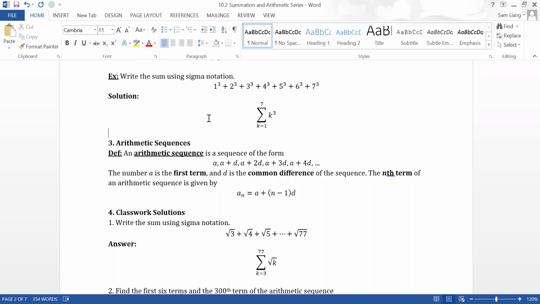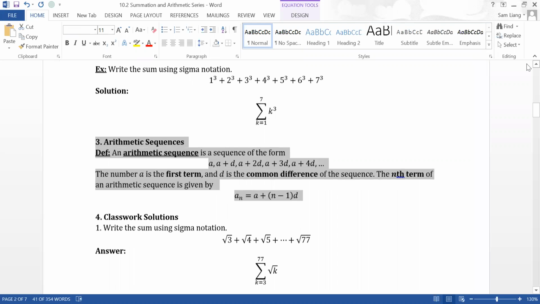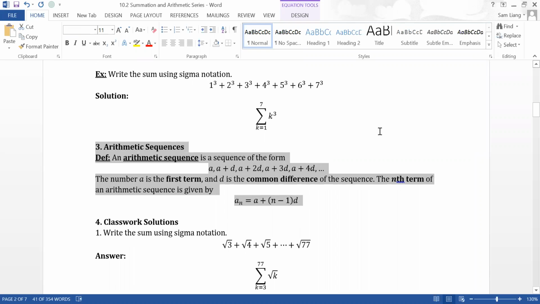While you finish copying that, next we're going to see this definition of arithmetic sequence, which you also might remember from Algebra 2. Can someone read this, please? All right, we'll go to Sonny. Arithmetic sequences. Definition.